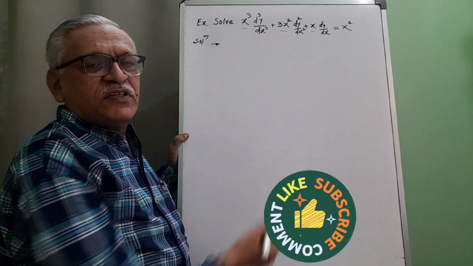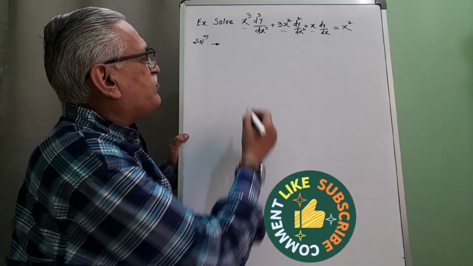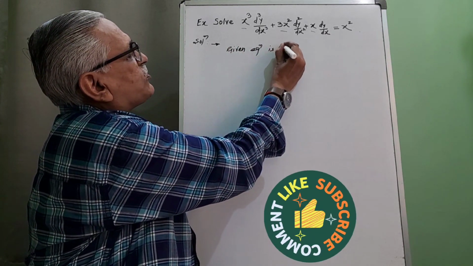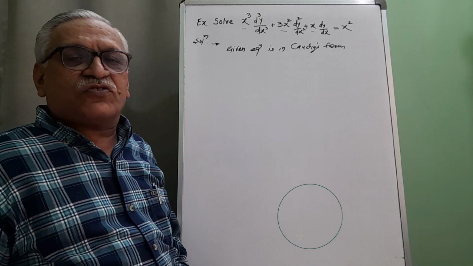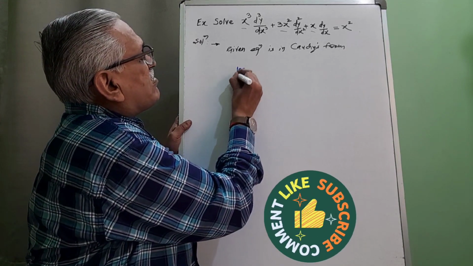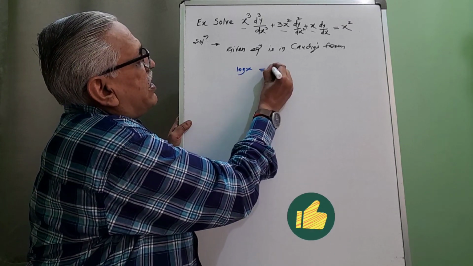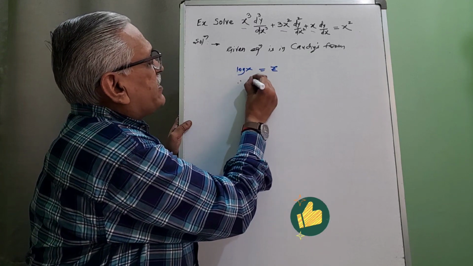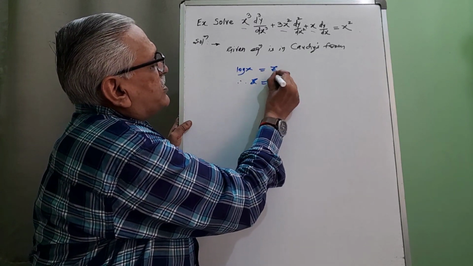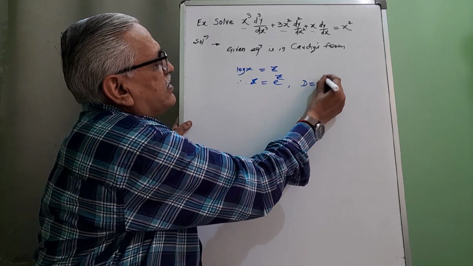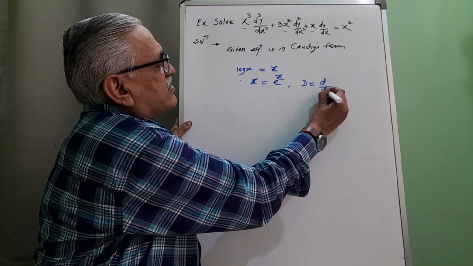As per the form, the given equation is in Cauchy's form. And as it is in Cauchy's form, we have to use the substitution log x as z. Therefore, we get x is equal to e raised to z and capital D as d by dz.